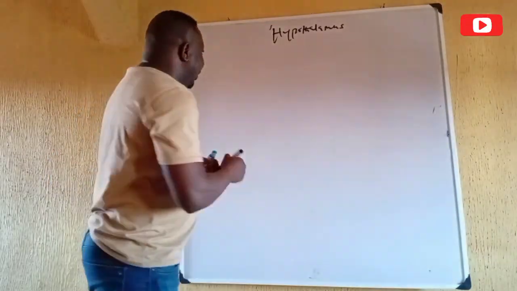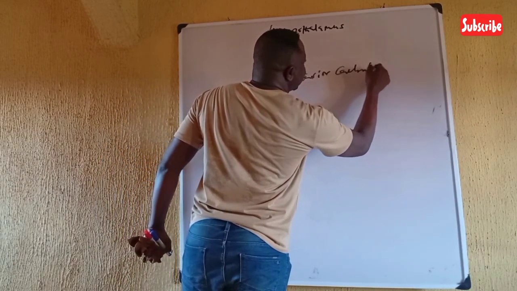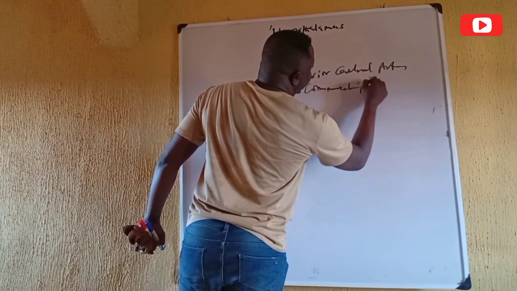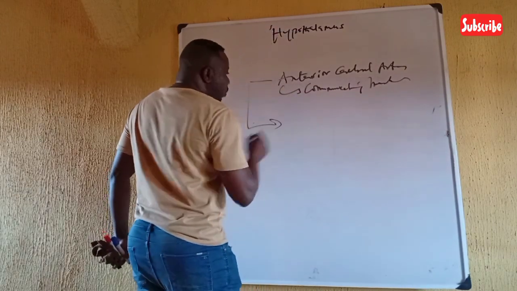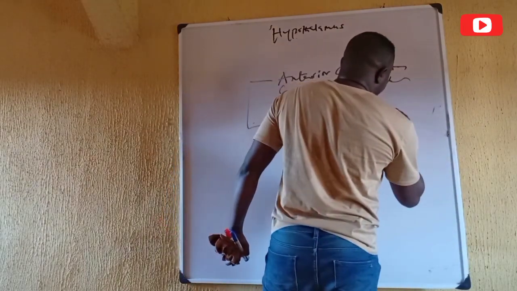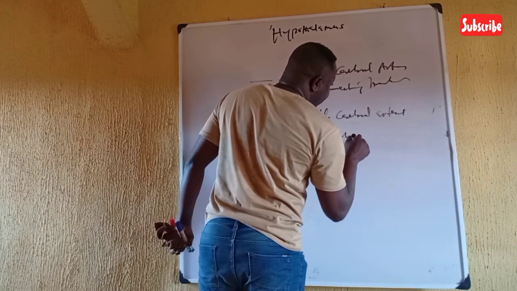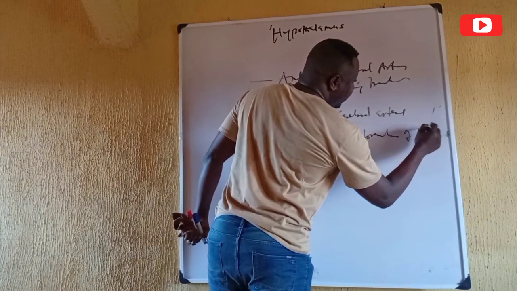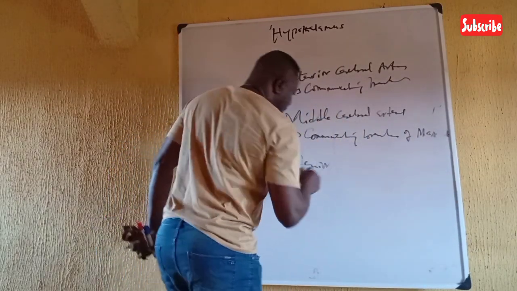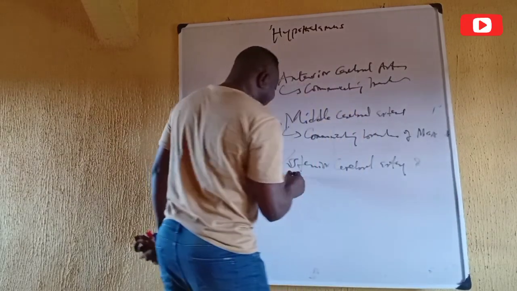The hypothalamus is actually supplied by the anterior cerebral artery and its communicating branches, the middle cerebral artery and its communicating branches, and then the posterior cerebral artery and its communicating branches.